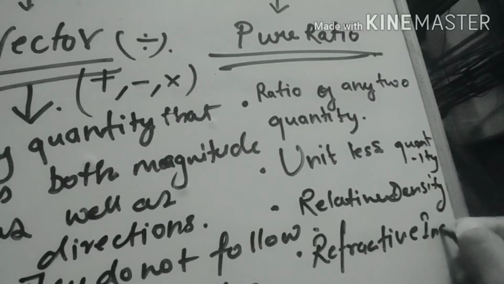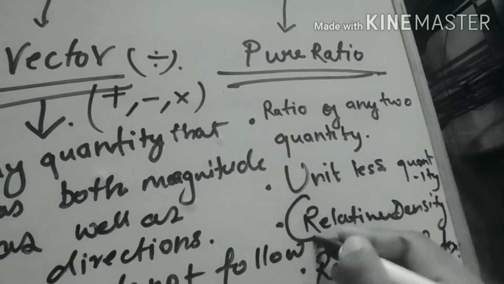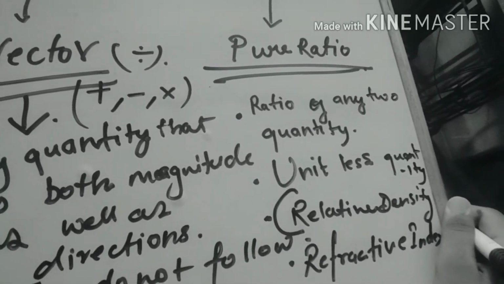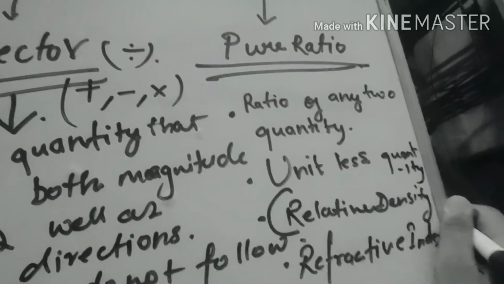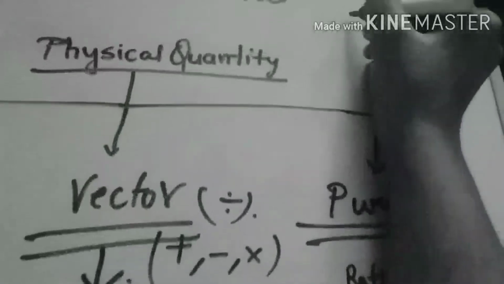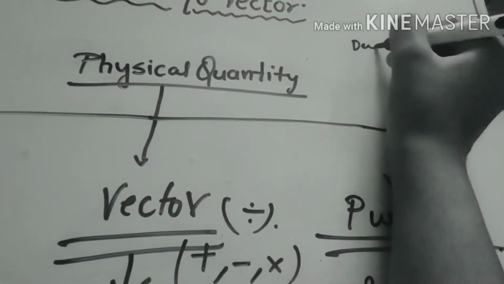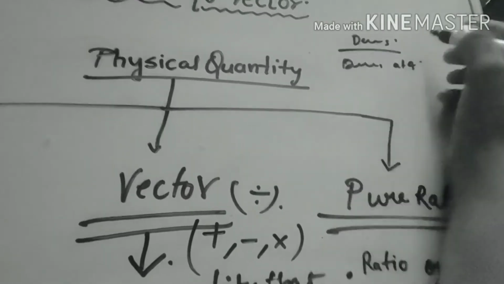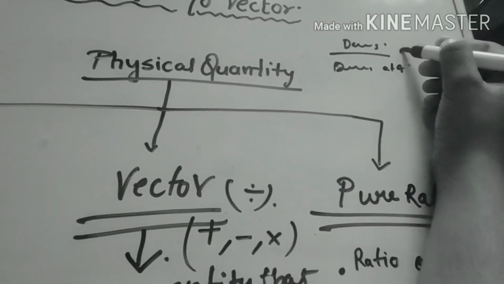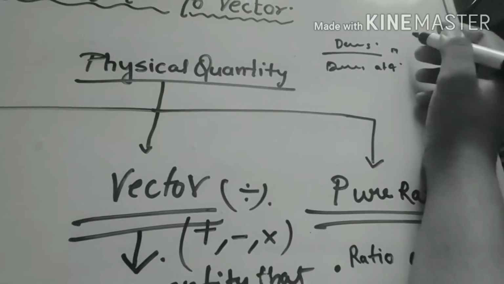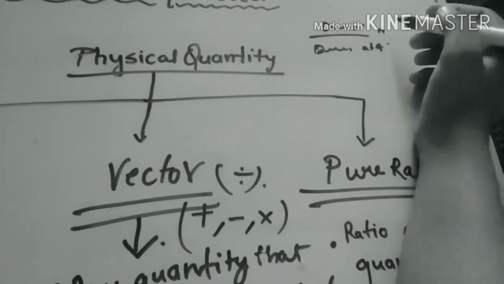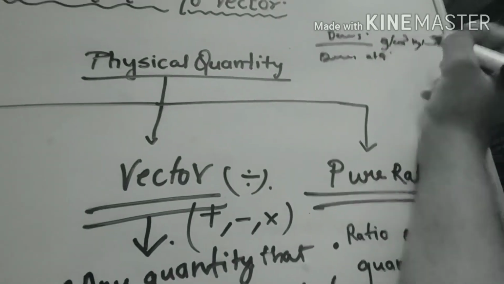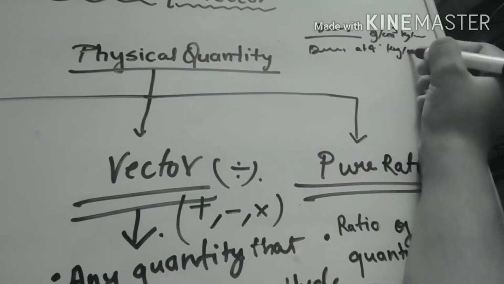So things like relative density mean density of a substance divided by density of water at 4 degrees C. So this is the density of substance by density of water at 4 degrees C, where on top we will write the density unit, that is gram per centimeter cube, or you can write kg per meter cube, and downside also density will be the same, kg per meter cube.